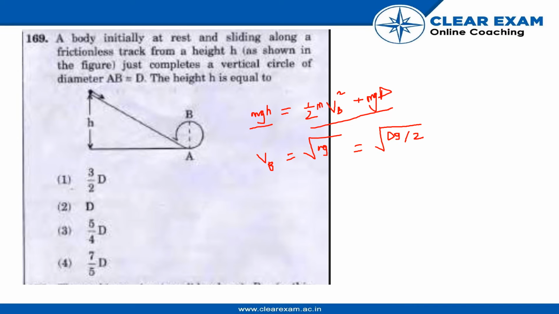Now if we put the value of v_B from here into this, we get mgh is equal to half of m, d by 2 g, plus m g d.